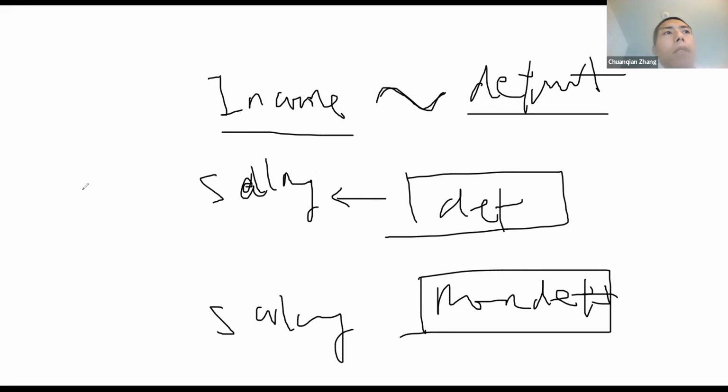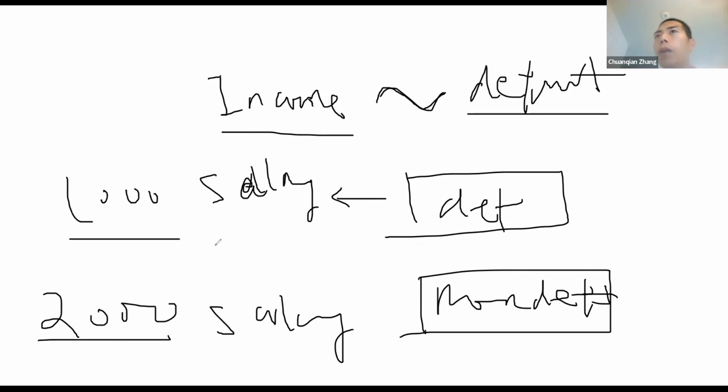So for default people, the salary is probably, for example, 1,000, and for non-default, I'll say 2,000. In this case, I probably can draw a very initial conclusion and say, okay, the salary has a very big impact on the default decision, because this is twice of them. That's okay.